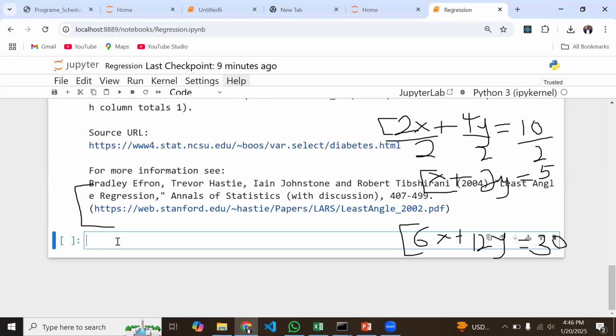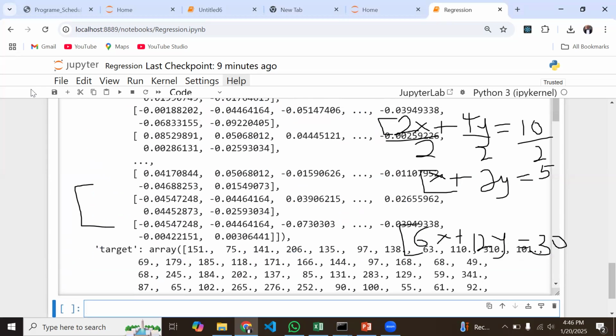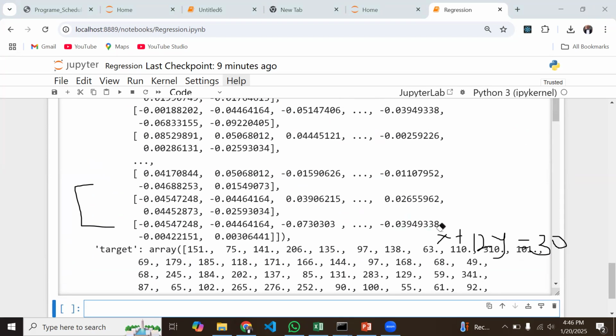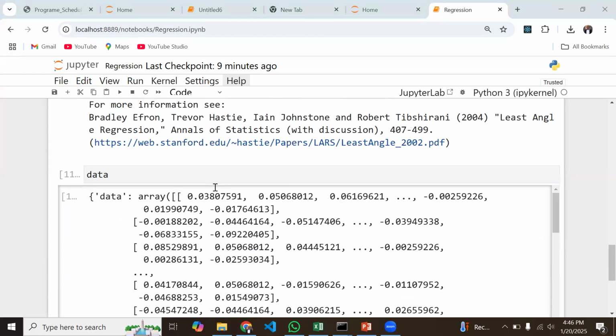Now, if I go into the data, this is the data. Let me clean what I have over here so that we understand this. So what we have over here is the data.